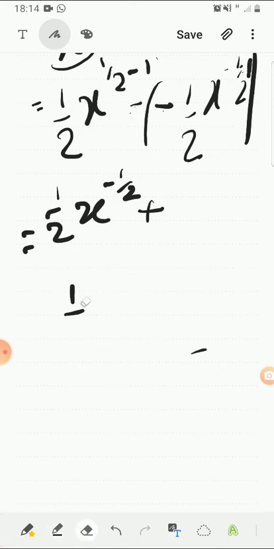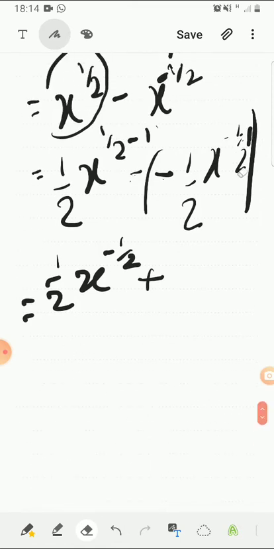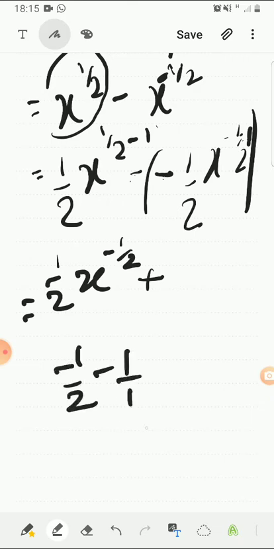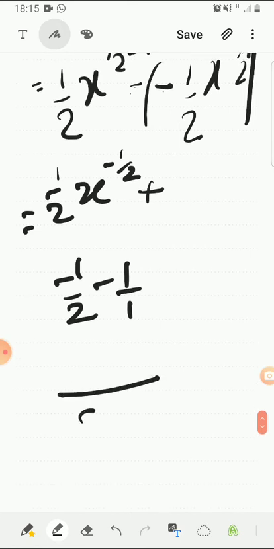Then for the second power, we are going to use the same thing we did here. This is minus 1 over 2 minus 1 over 1. Then putting 2 down, 2 into 2 is 1, 1 times minus 1 is minus 1, 1 into 2 is 2, 2 times 1 is 2, right?